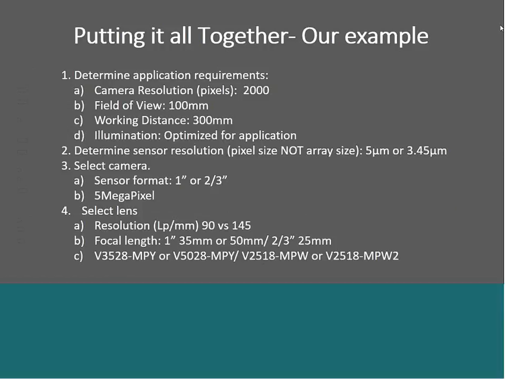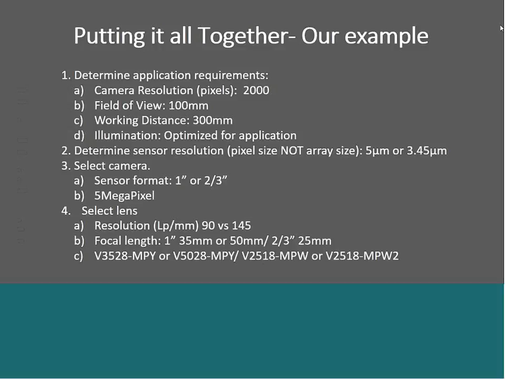Let's put it together here. First, determine our application requirements. We determined that we needed 2,000 pixels for our camera. We have a field of view of 100 millimeters and a working distance of 300 millimeters. We know that our illumination is optimized for our application.